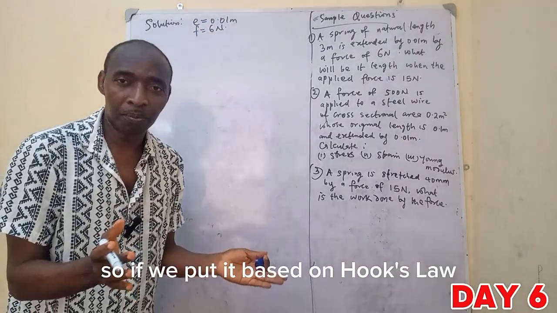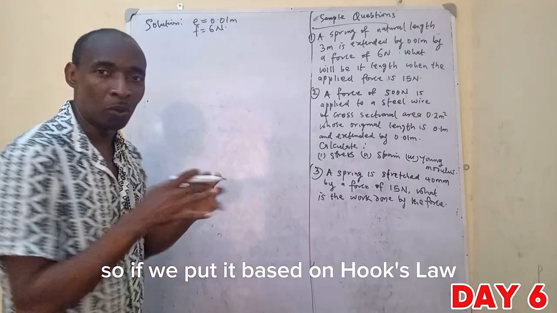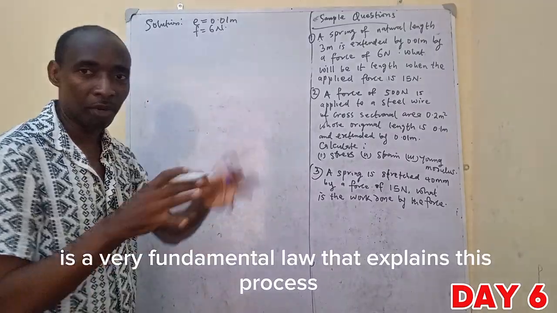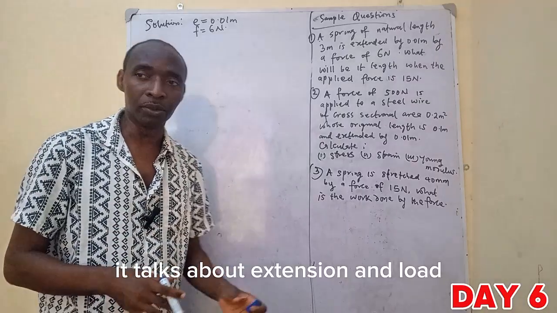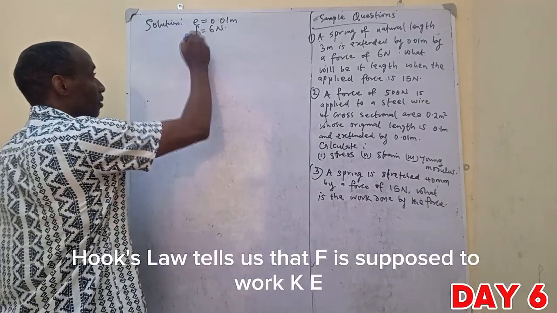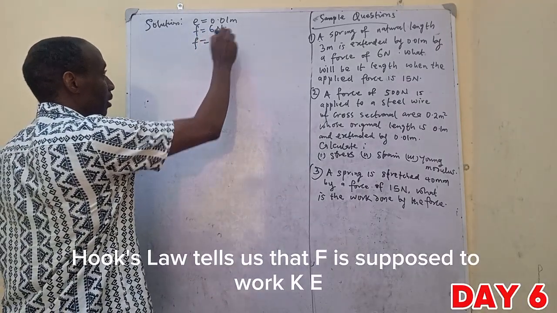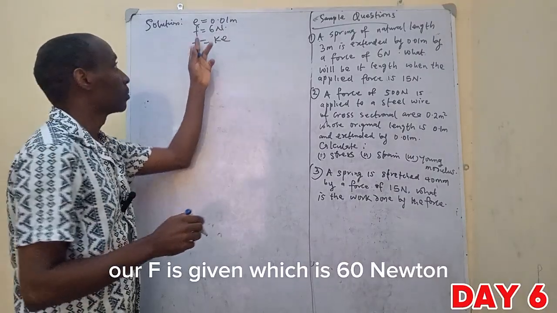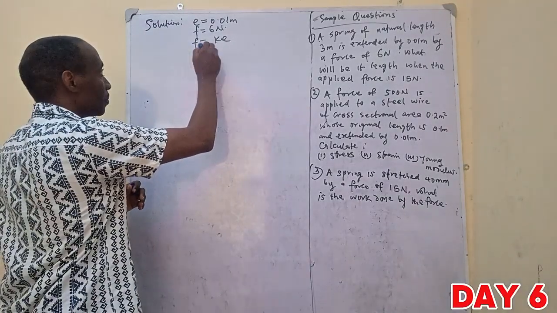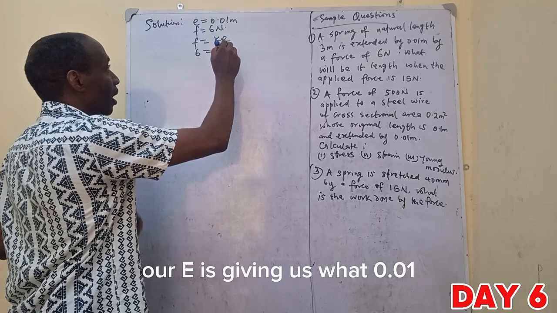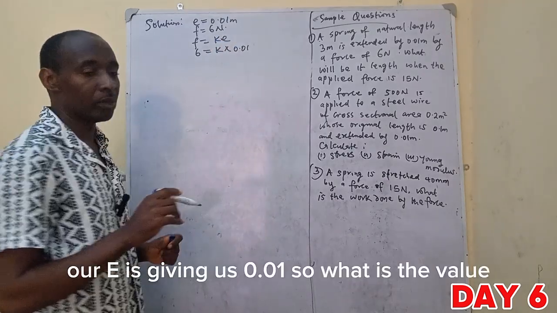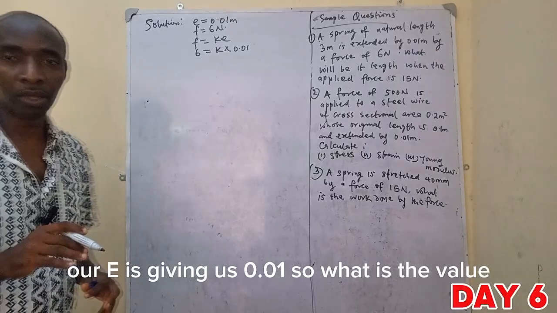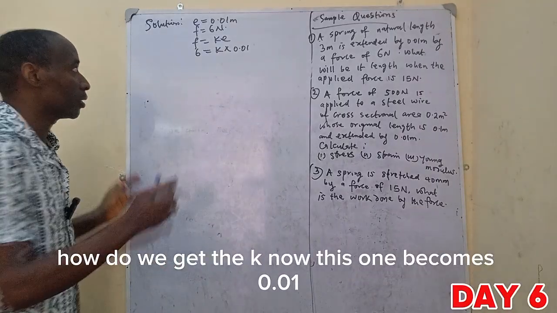So based on Hooke's law, because Hooke's law is a very fundamental law that explains this process, it talks about extension and load. Hooke's law tells us that F is equal to what? KE. Our F is given, which is 6 Newton. Our E is given as 0.01. So how do we get the K now?